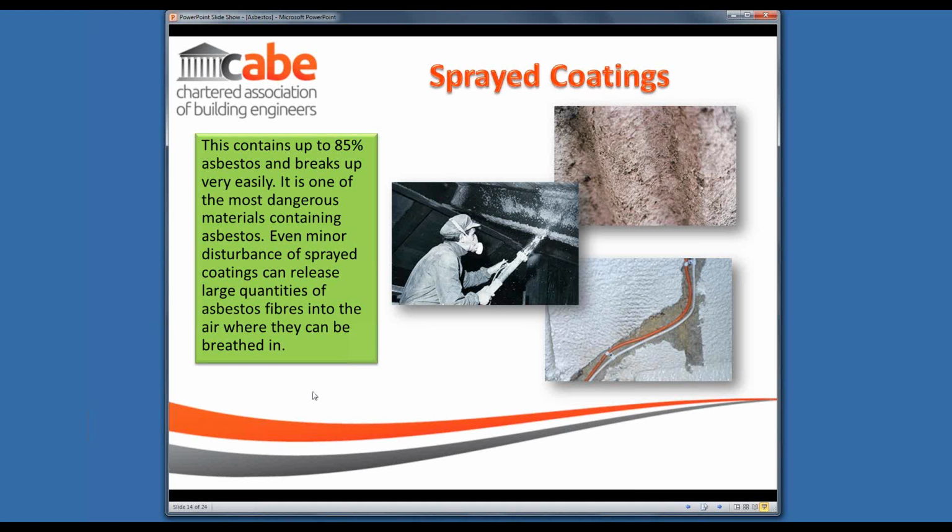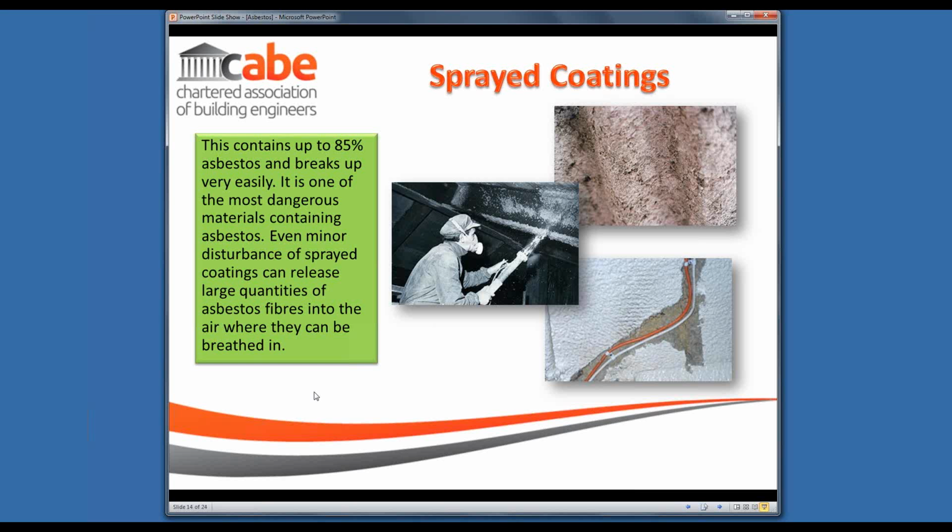The tricky bit is actually identifying and knowing what material is within the ceiling. It's one of those things that you cannot necessarily see just by looking at the material. Therefore, the safest assumption is if it was put in before we were aware of the issues, so certainly before 2000, but realistically probably a decade before that, then I would tend to assume the worst and plan for the worst, even though there may not be asbestos actually in the product.